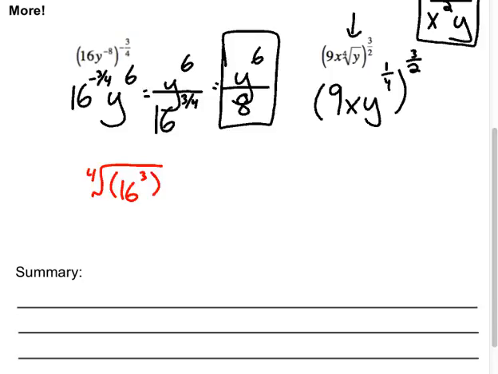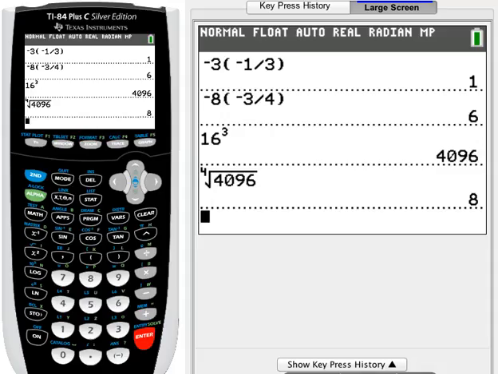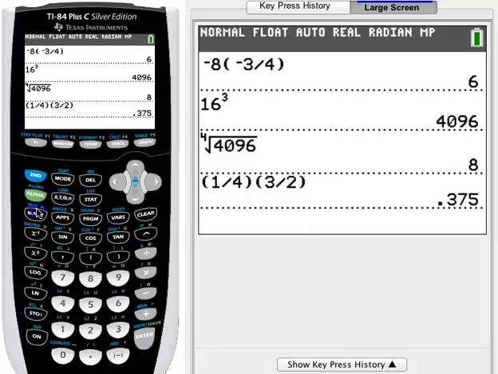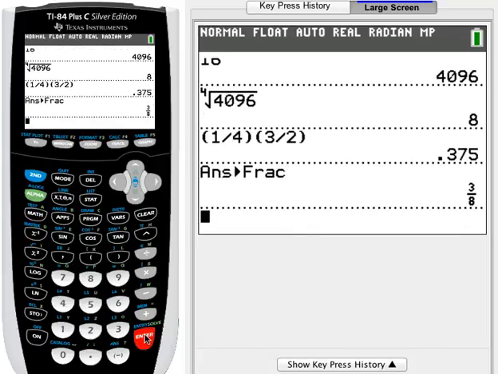All right, so when I apply that exponent everywhere, I'm going to get a 9 to the 3/2, x to the 3/2, and then the y is a power of a power, 1/4 times 3/2. So I'm going to type that in the calculator. 1/4 times 3/2, and math frac that. That's going to give me 3/8.